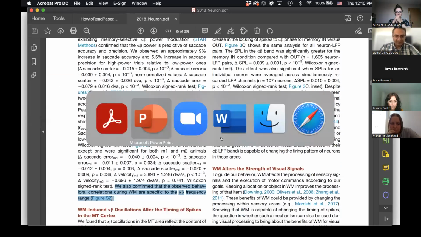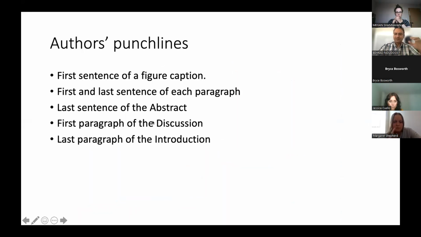This is what everyone tells you in a writing class, that you start your paragraph with the point of the paragraph, then you go through the details, and at the end you just conclude it. So if it's a paper that is written with this recommended style, you should be able to get an idea of what each paragraph is going to do for you by reading the first and last sentence of the paragraph.